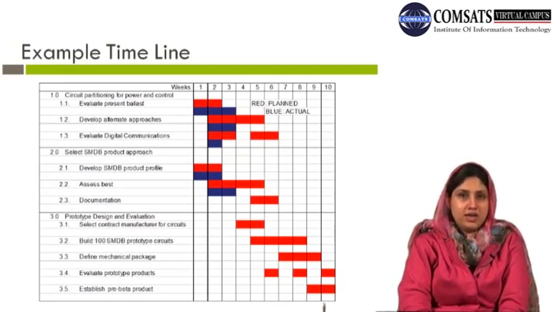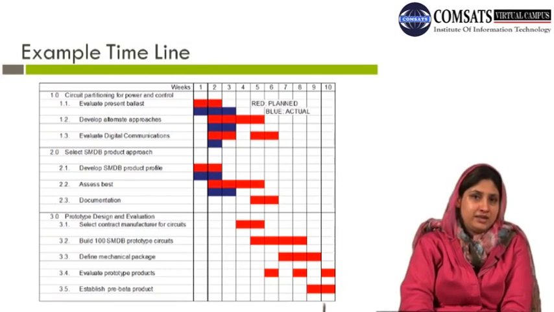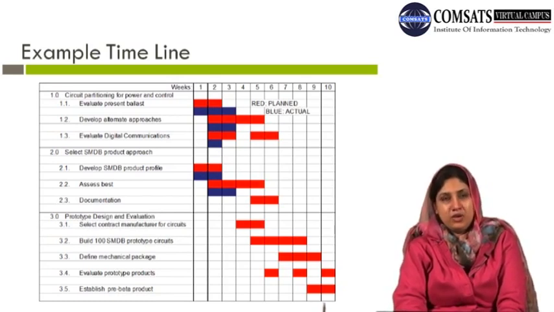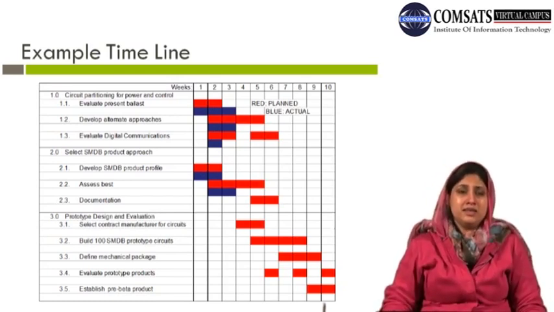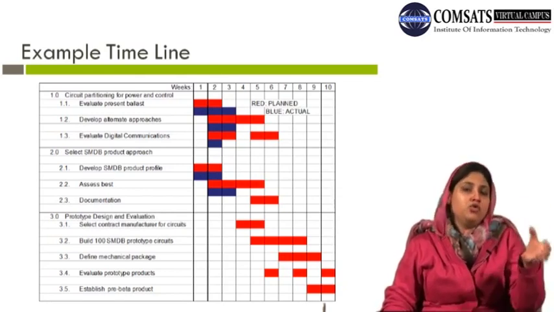You can make a table, and you can mention your tasks accordingly into numbers, whether they are major tasks or subtasks. And then you can talk about the different weeks you'll be working, because at times it happens that things are not done in a sequence, and in order to complete certain tasks you have to move back and forth.